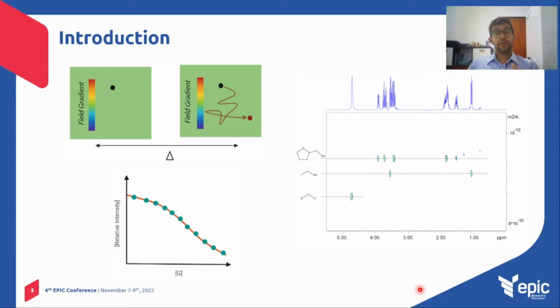For example, if you have 3 molecules in the mixture, I can determine and separate the diffusivity of these 3 components. It's very interesting because when we consider oil, for example, we have a combination of molecules.